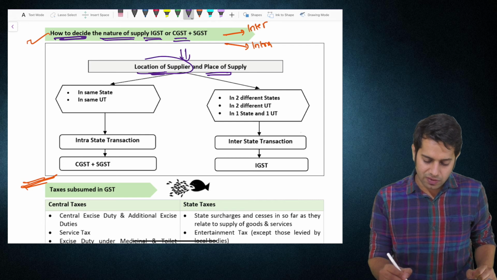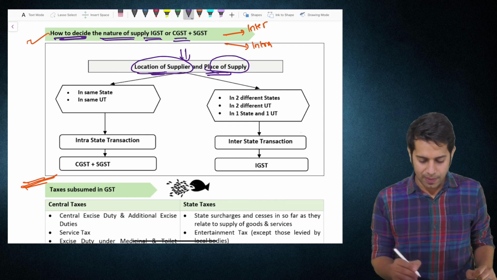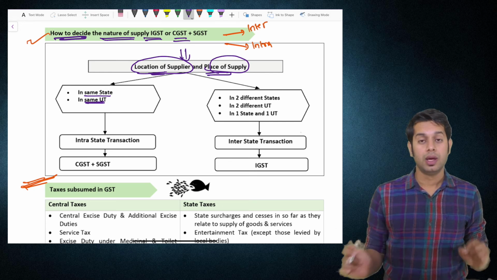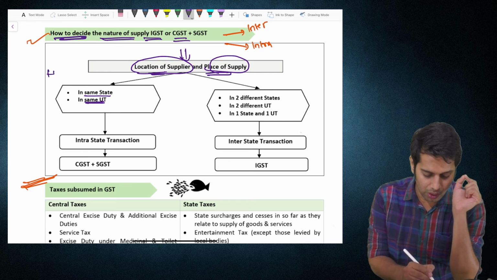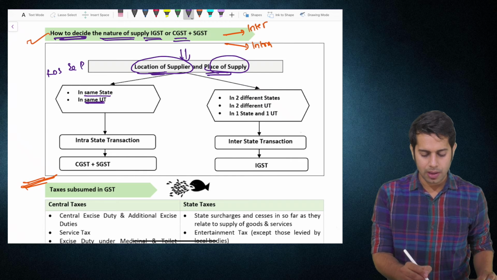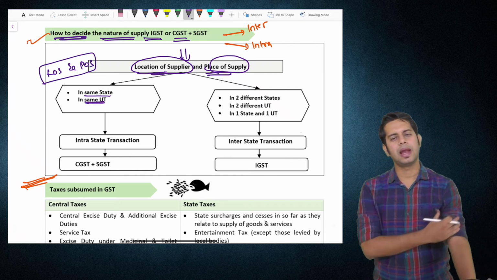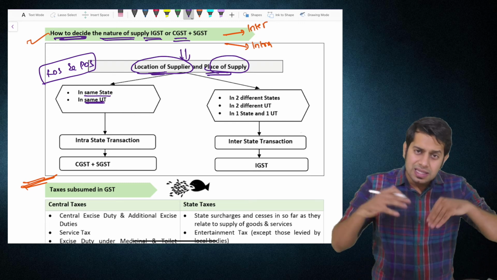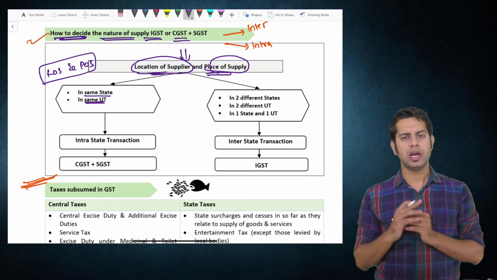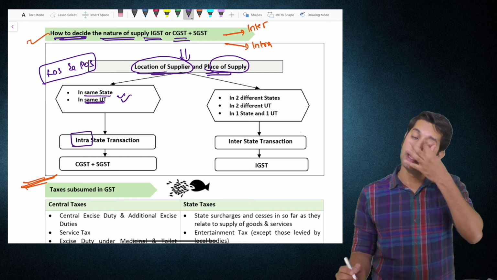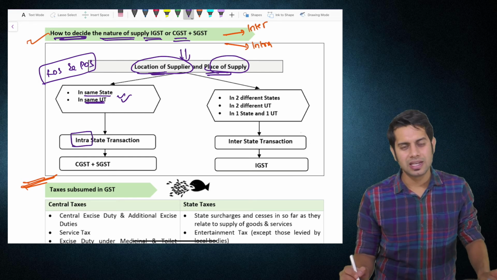If the location of supplier and the place of supply is in the same state or same union territory, then it is intrastate supply.